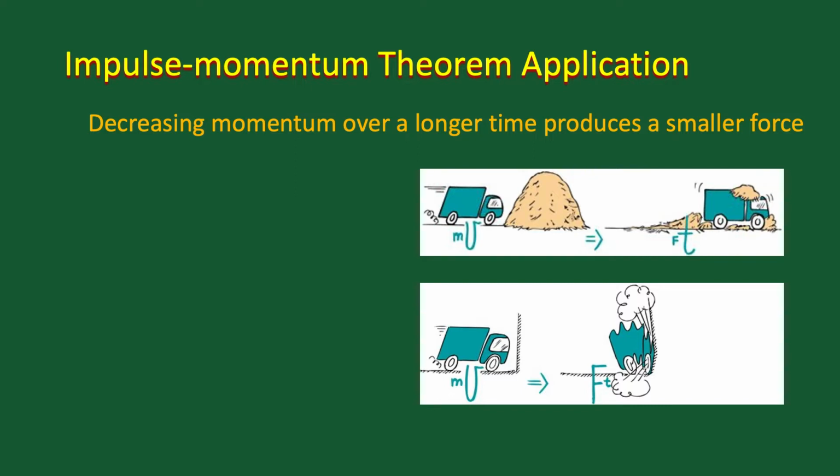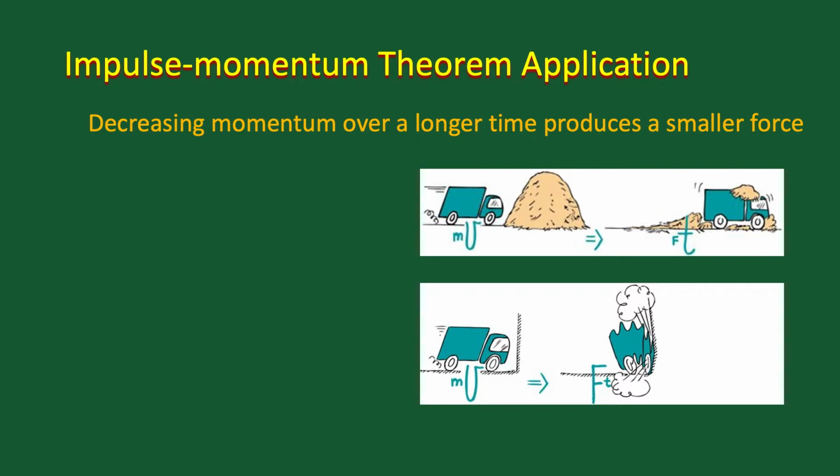The reason behind that is you want to change the momentum of the vehicle from some higher non-zero value to zero momentum. And in order to change the momentum from some large value to zero, you need to impart impulse. There are two ways you can impart impulse.